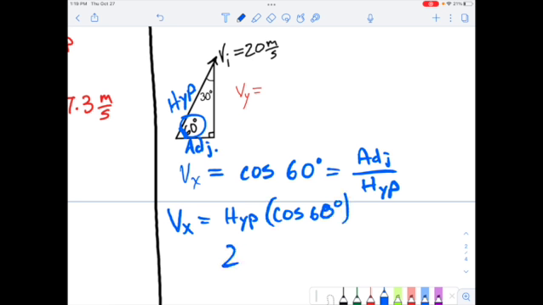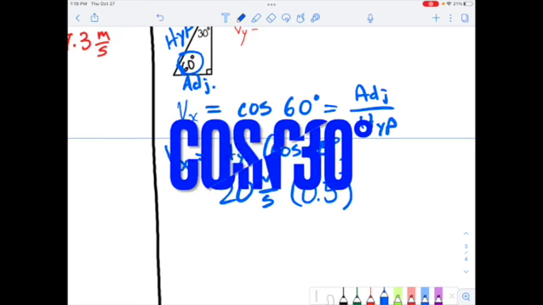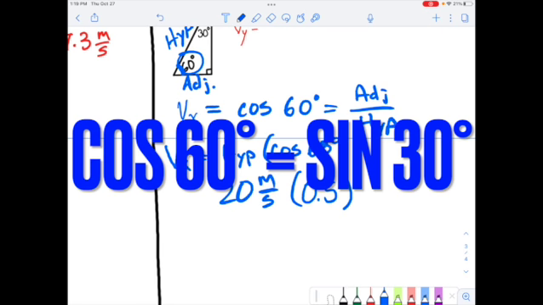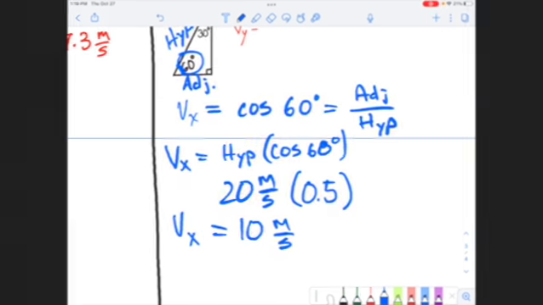And so we need 20 meters per second, and the cosine of 60 degrees is going to be 0.5, just like the sine of 30 degrees. So the velocity in the x direction will be 10 meters per second.